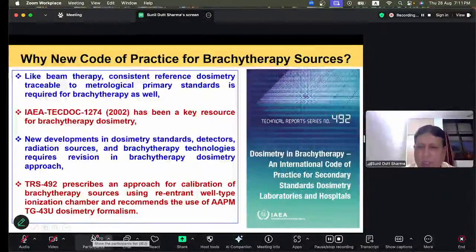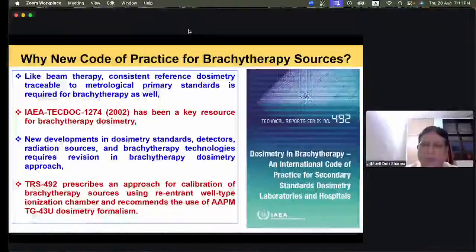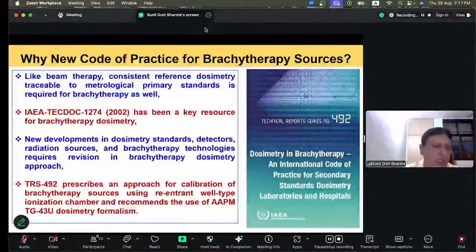The title of this report is Dosimetry in Brachytherapy: An International Code of Practice for Secondary Standards Dosimetry Laboratories and Hospitals. It is just like what we have seen in the case of TRS 398. They thought that the description of the method, instruments, and calculation approaches should have some resemblance with the existing TRS 398 as well.